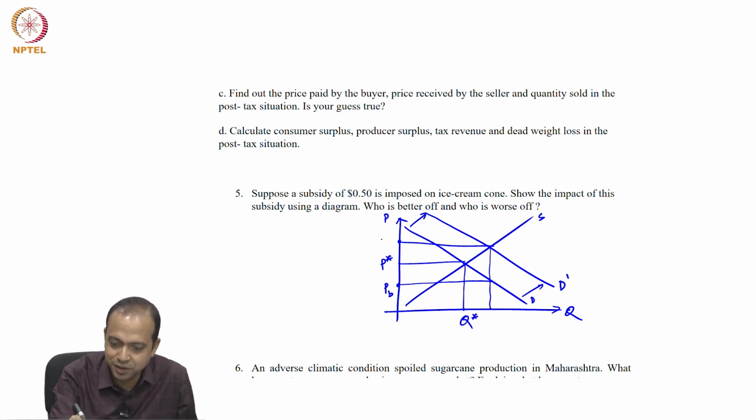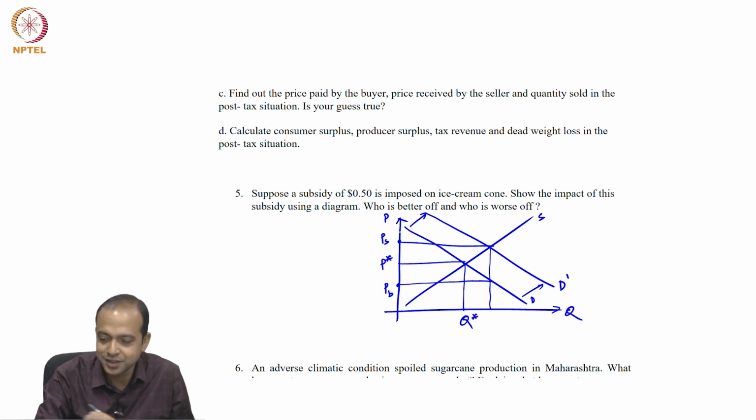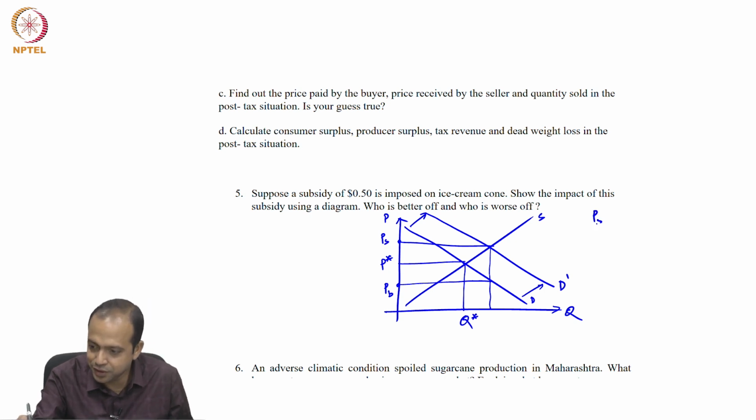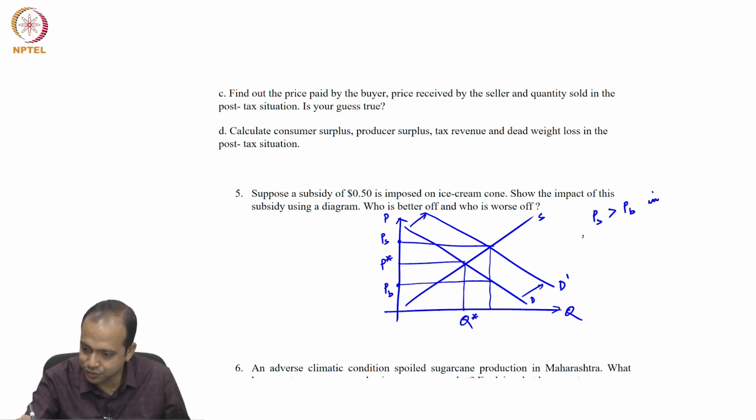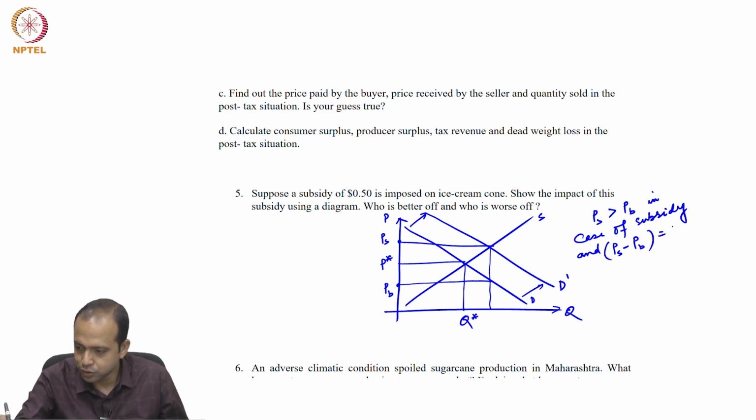So, this is PB, this is PS, and PS is greater than PB in case of subsidy, and the difference between PS minus PB equals the subsidy.